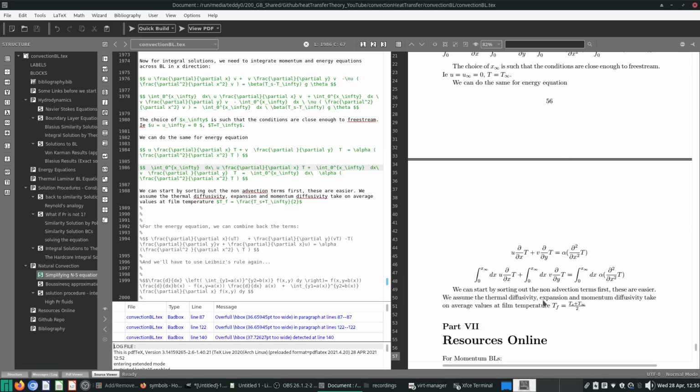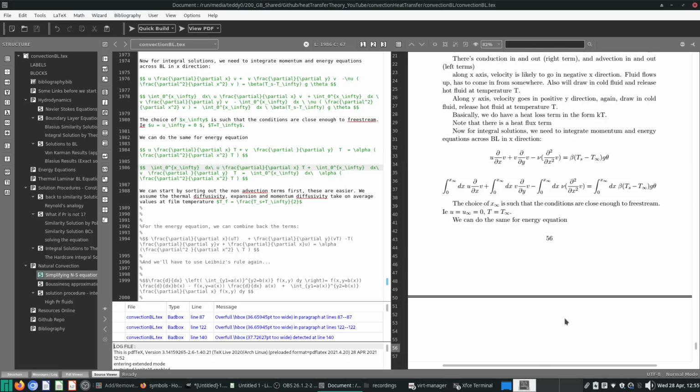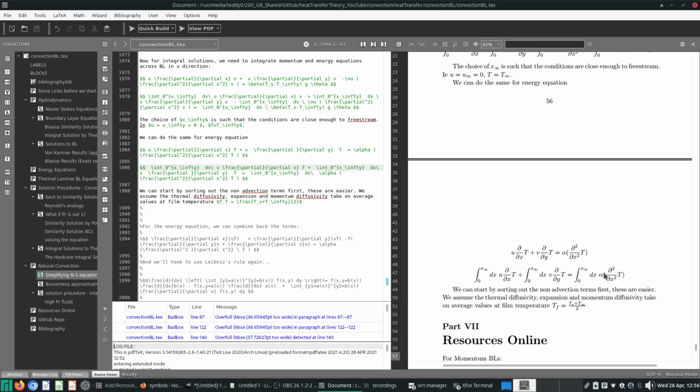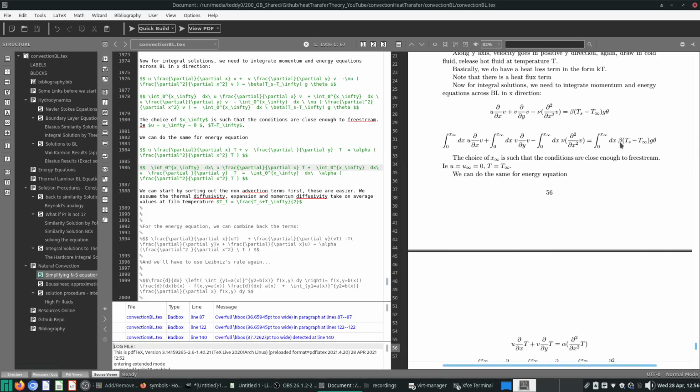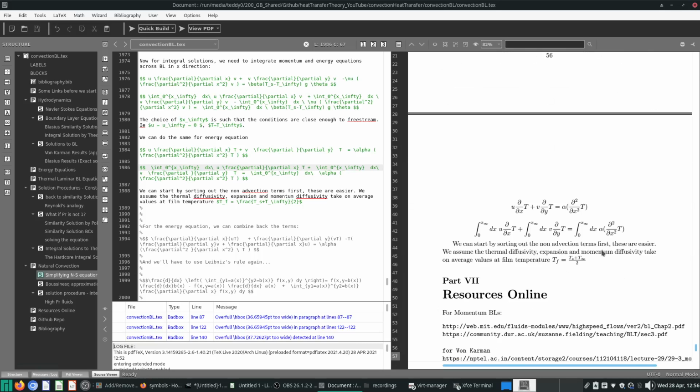Remember, when we are integrating, all our properties like the expansion coefficient, momentum diffusivity, and thermal diffusivity are evaluated at some average value. We call this average temperature the film temperature, which is Ts plus T infinity over 2, just the average of them.